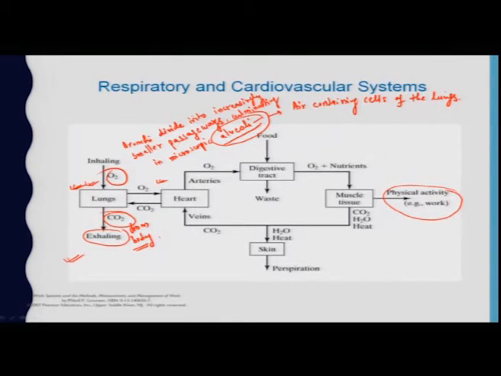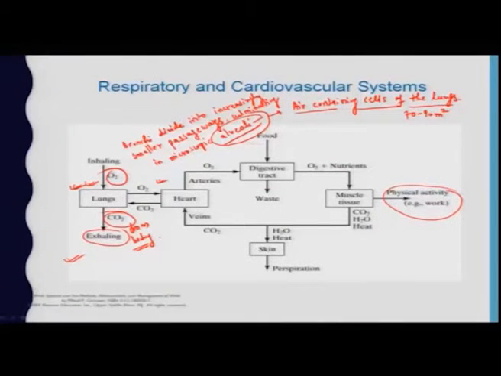Although small, they are huge in quantity inside our body. There are about 200 to 600 million, providing about 70 to 90 square meters of surface area in an adult human for oxygen and carbon dioxide exchange.